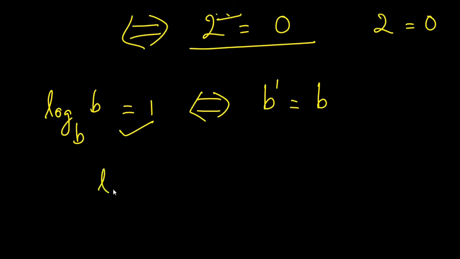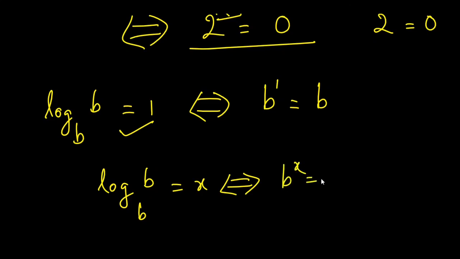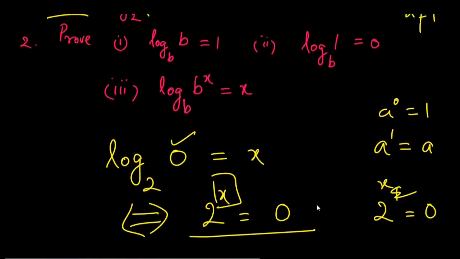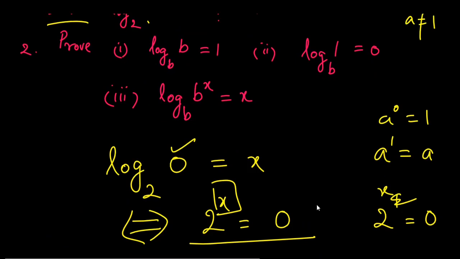If we want to find out log of b to the base b, say it is equal to x. Now what do we get? B power x is equal to b, implies x is equal to 1. Then log of 1 to the base b is equal to 0.